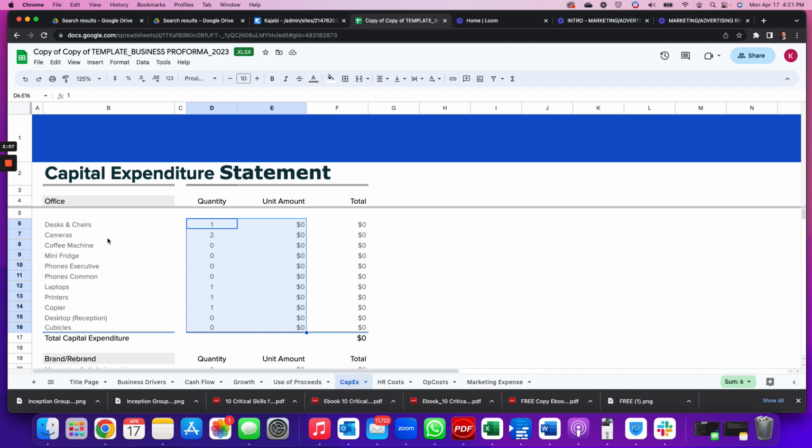The difference between a capital expenditure and any of these other types of costs is these are usually one-off costs that maybe we're incurring every 3 years, and maybe it's not every year but every 3, 4, 5 years.